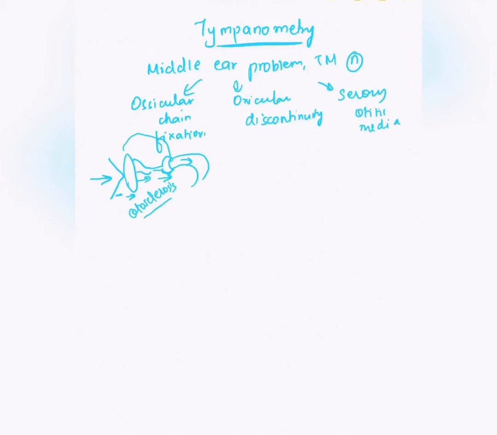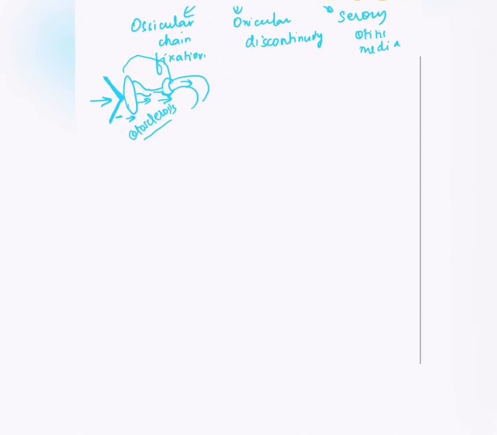Fine, so that will cause deafness. But here, when you observe the tympanic membrane, it will seem to be normal. Fine, so the first test that we are going to see here is impedance audiometry.